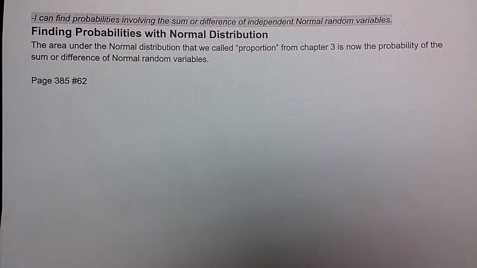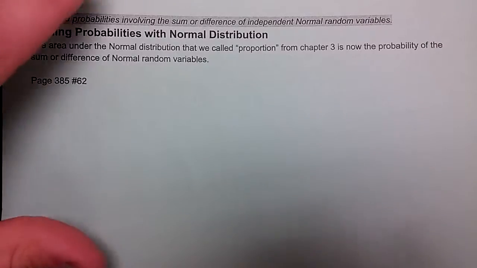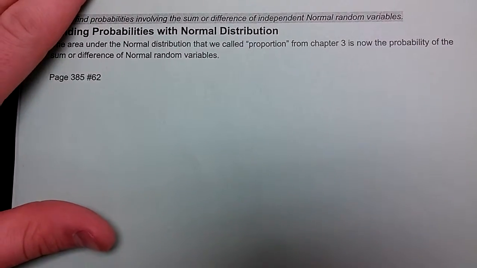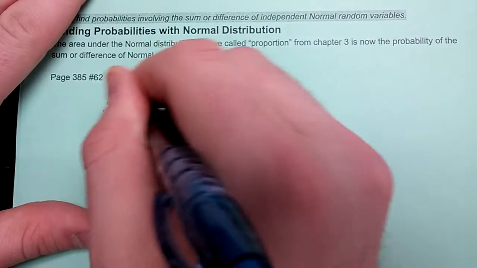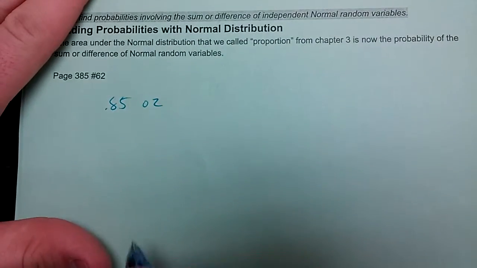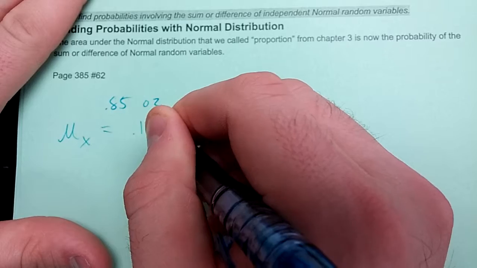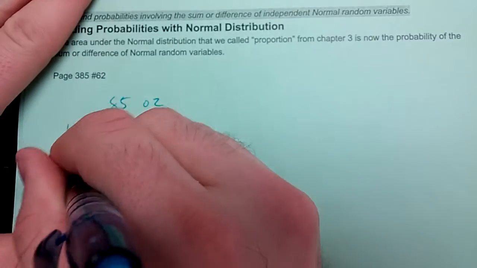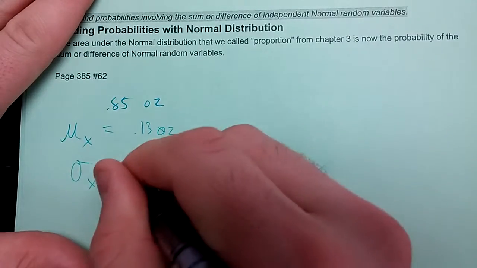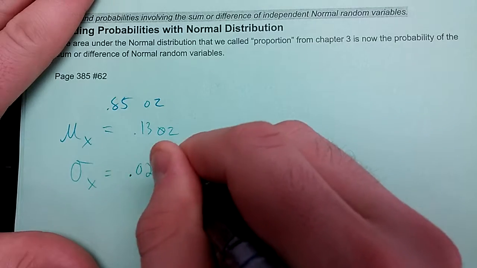If Ken brushes his teeth 6 times on a randomly selected trip, what's the probability that he'll use all the toothpaste in the tube? So we're talking about a tube that's 0.85 ounces. A single squeeze has a mean of 0.13 ounces and a standard deviation of 0.02 ounces.